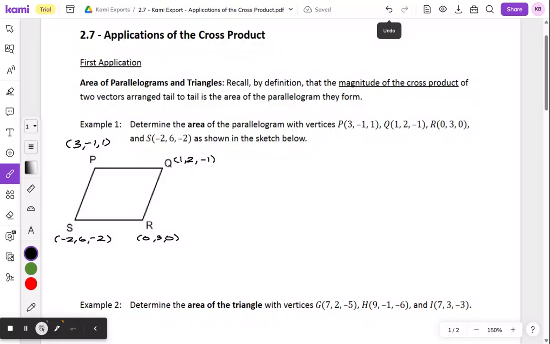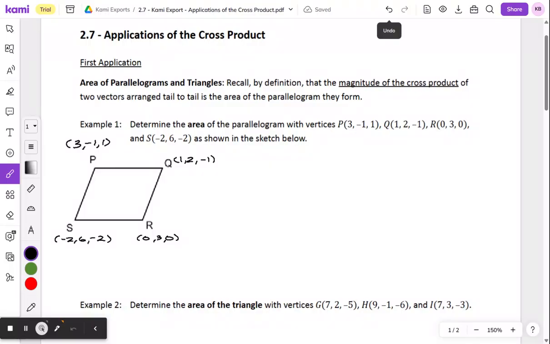All right, so the first application, there are three. I'm going to do them all in one video. The first application is directly from the definition of the cross product, actually, and that is to find the area of parallelograms and triangles in the three-space coordinate plane.